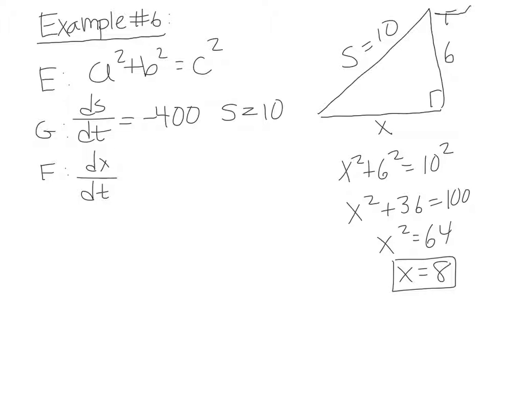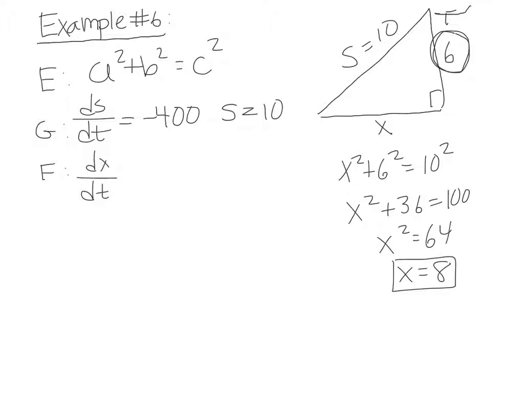So if I rewrite my equation up top with the things that I do know, I know that when s is equal to 10, x is equal to 8, and that the y component is 6. Now, the only thing that doesn't change as this plane is flying is the 6.